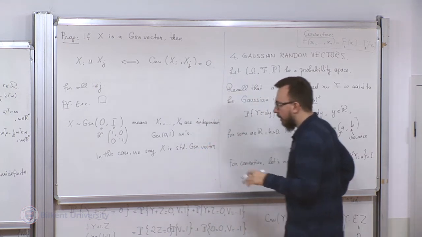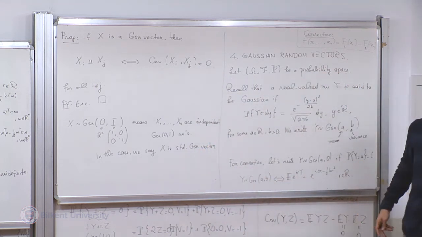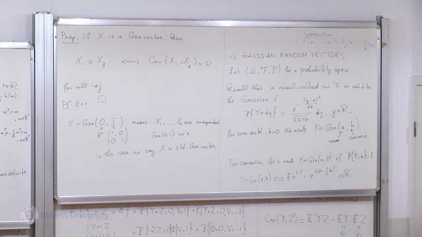We call a Gaussian random variable in the one-dimensional setting standard if its mean is 0, variance is 1. In the multidimensional setting, we call it standard if its mean is 0 in all components, and the variances are all equal to 1, and also the covariances are 0, and they are independent, because of this proposition.